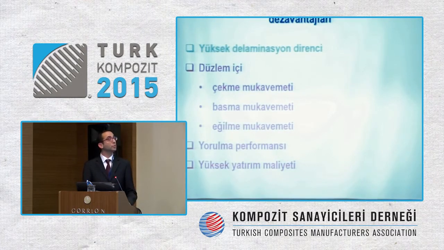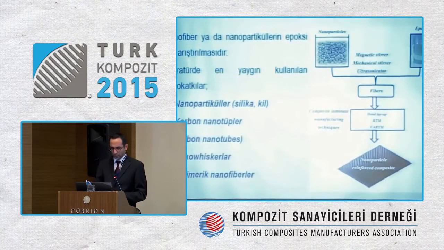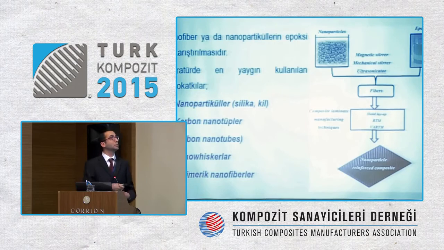Those two methodologies increase delamination resistance, but in-plane waviness may also appear, the compressive strength and tensile strength will decrease, and the fatigue performance also gets weaker, and the cost of those machines is high.